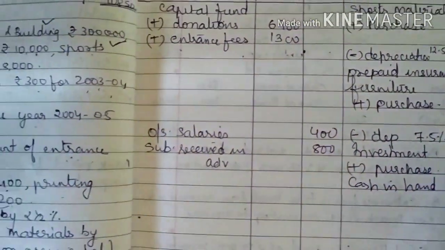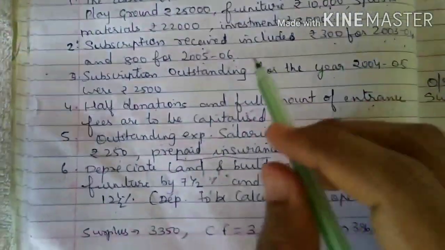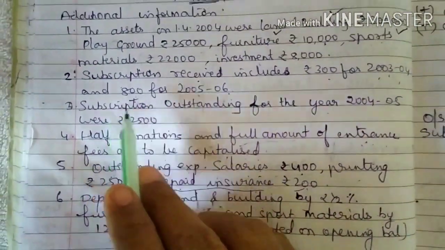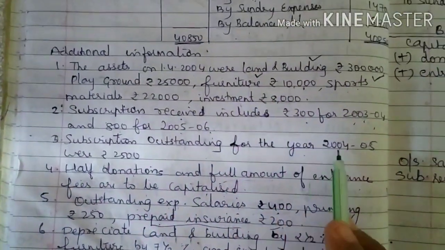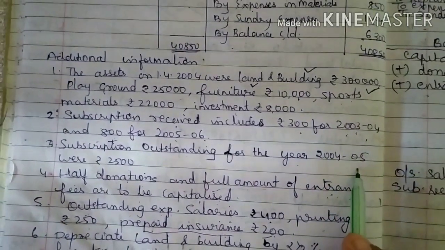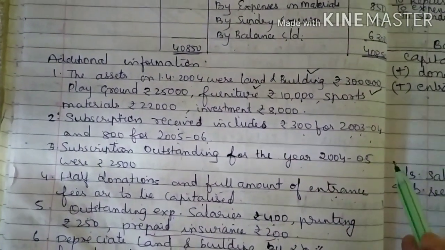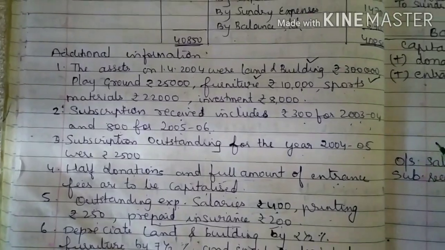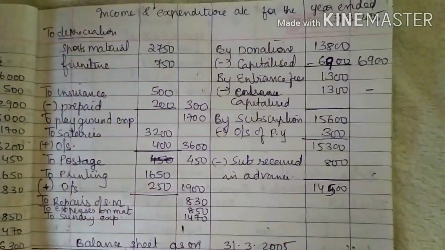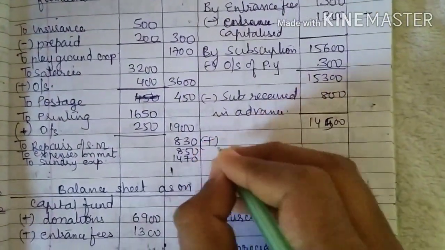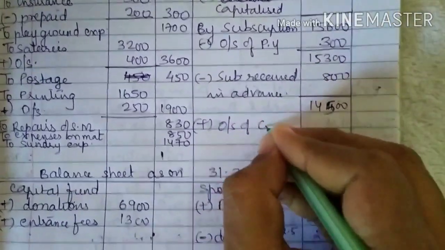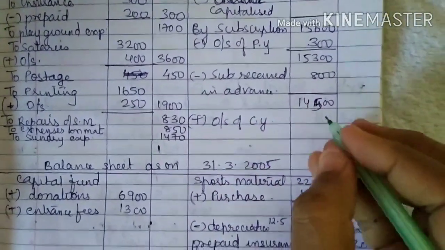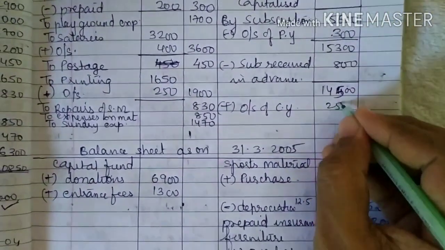Then the next calculation: you have subscription outstanding for the year 2004-2005. This is current year's outstanding. So we write add outstanding of current year, which is 2,500.